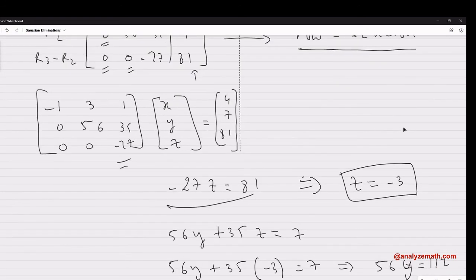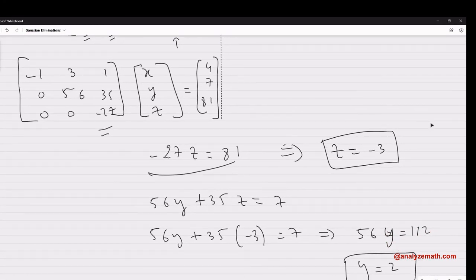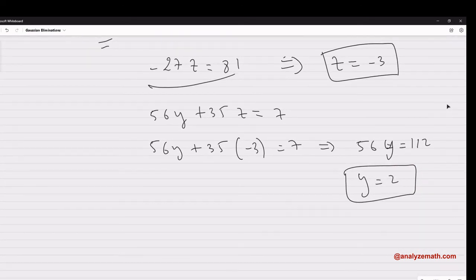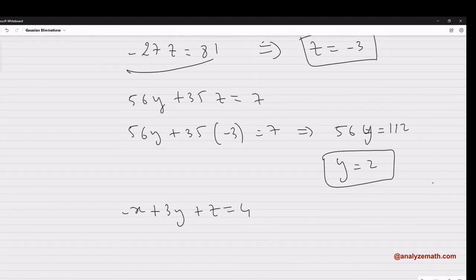What we are going to do is go to the first equation. When we write the first equation, it has all three variables, but two of them are known already. So the first row: minus x plus 3y plus z equal to 4. We substitute y by its value because we know already that y equals 2, and z by its value, and all this is equal to 4.